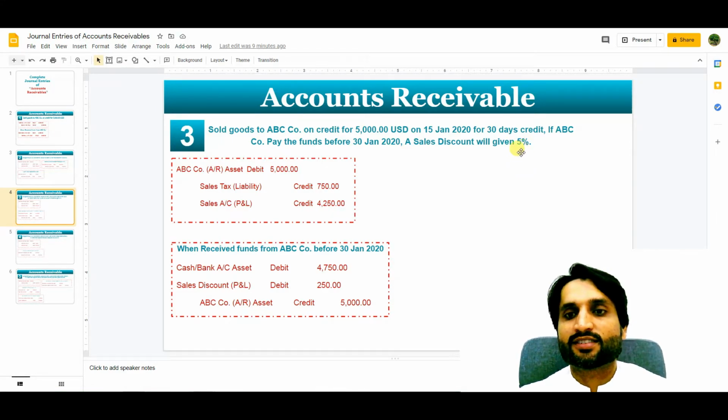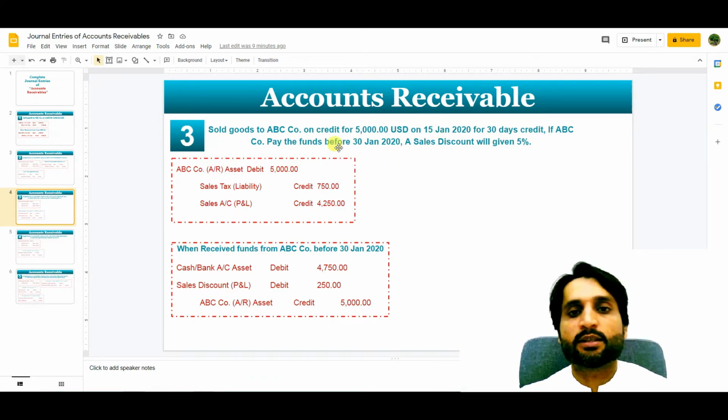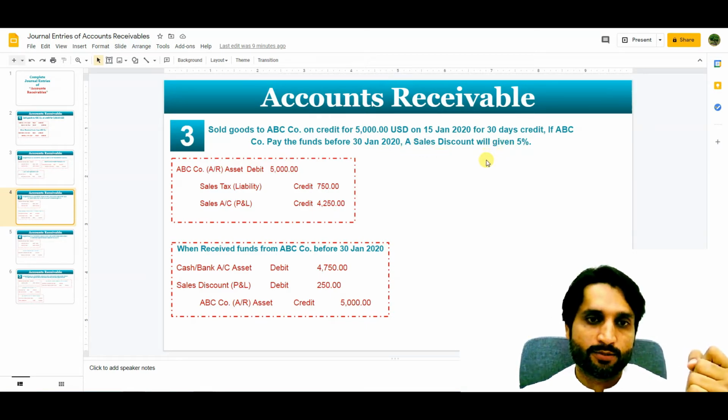We are selling on 30 days credit, so 15 January is the selling date and the due date of the payment is 15 February. If they make us a payment before 30 January, after 15 days, we are going to give them a discount of 5%.